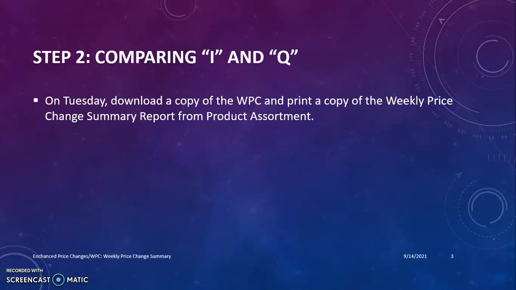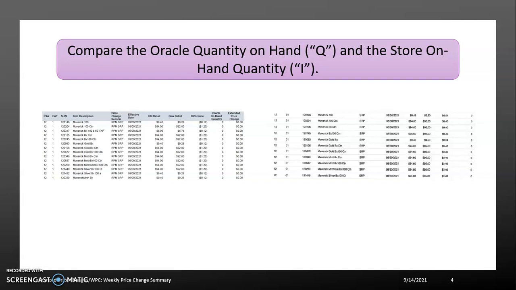The next step is on Tuesday: print out a copy of the WPC, or Weekly Price Change Summary Report, from Seven Reports, and a copy of the Weekly Price Change Summary from the product assortment screen. These are the two reports you should be looking at.